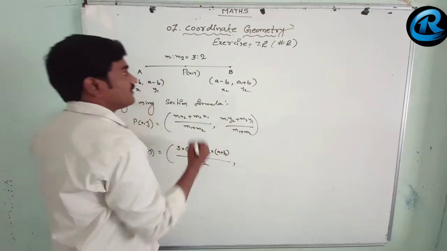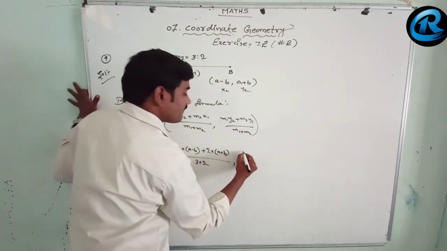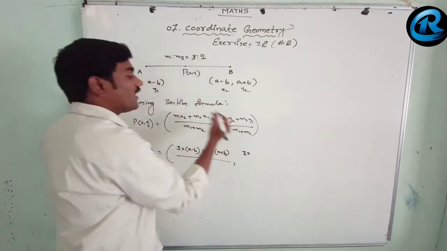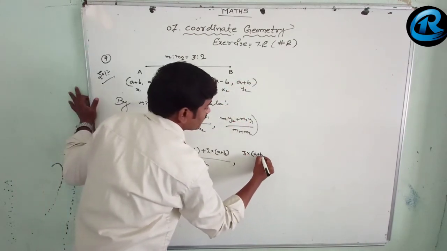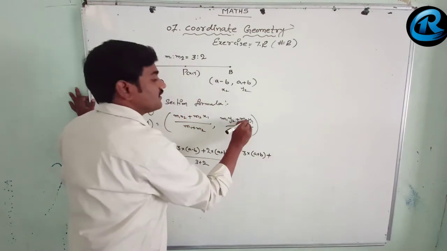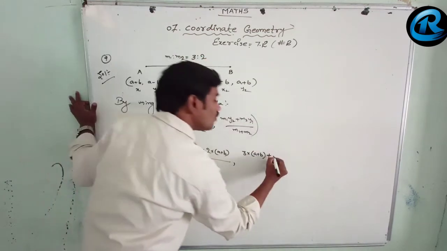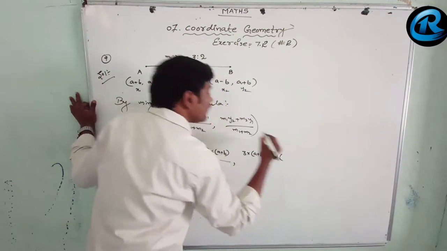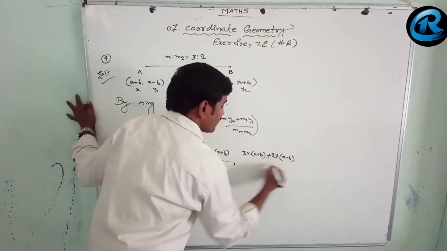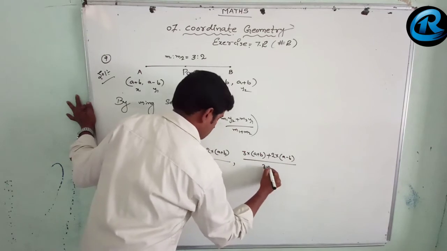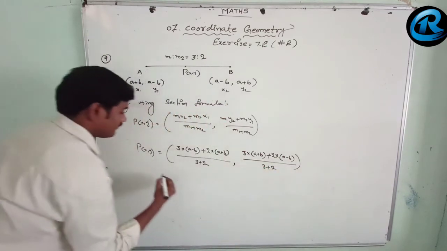Now here m1, that is 3, into y2, here a plus b, plus m2 is 2, into y1, that is a minus b, whole by 3 plus 2 again.